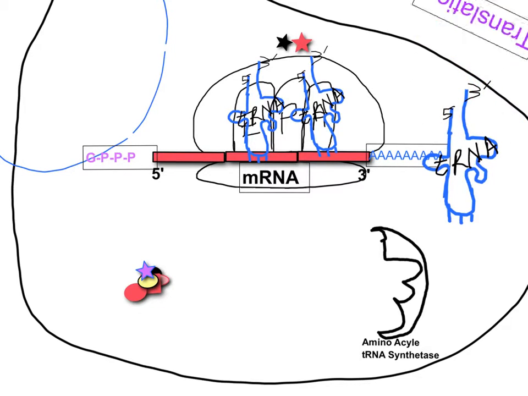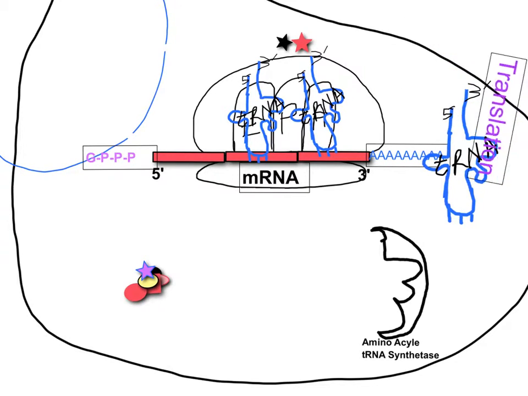A peptide bond, or covalent bond, will form between the amino acid left from the first transfer RNA and the transfer RNA on the A site.